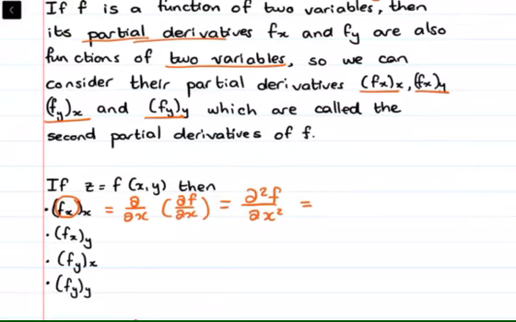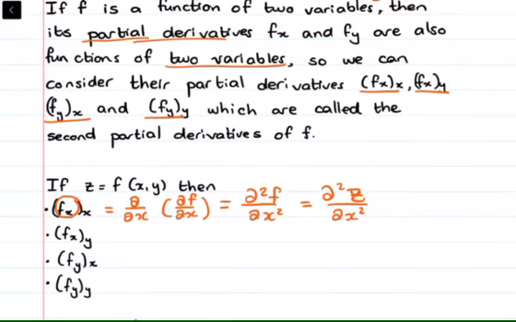Or, in this case, since it is z, we can also write it as d squared z over dx squared. What do I mean? Remember that with second derivatives, this is what we use to write. So the notation is still the same. It's just that now we are using partials.